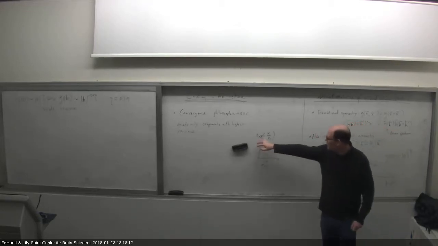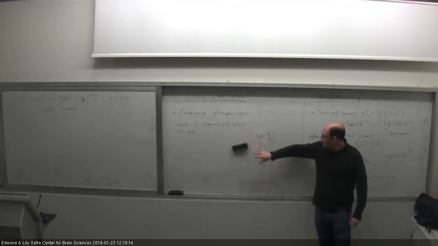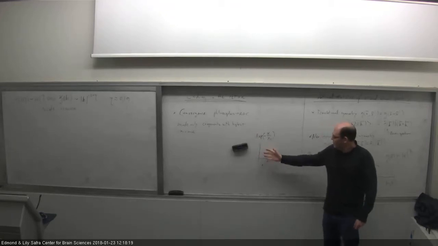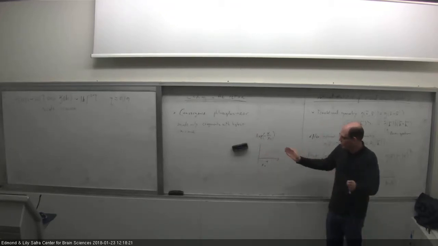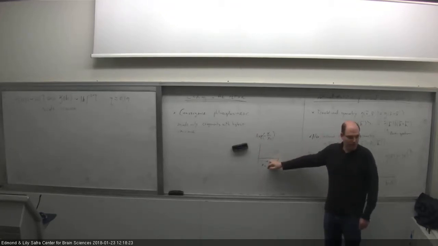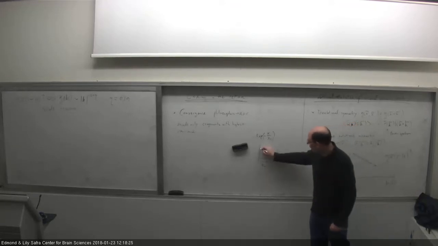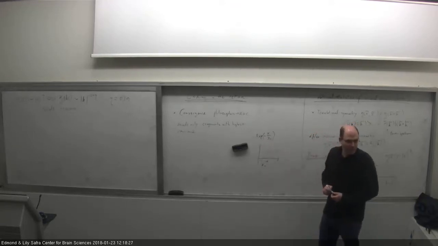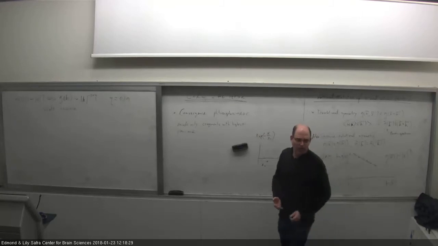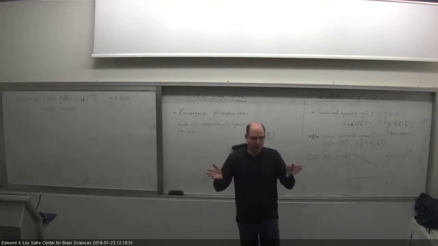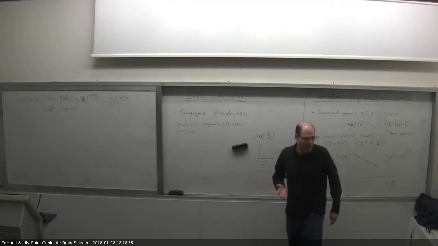Okay. But let's just think about it mathematically. I show you this function. I tell you that something has this function. Now I show you this function, and I change the scale of the axis. You'll be able to tell. You will be able to distinguish between this and this and this, right? If you take a power law and you look at it with different scales of the axis, you will not be able to distinguish at which scale you're looking.